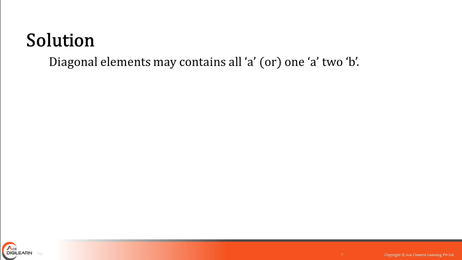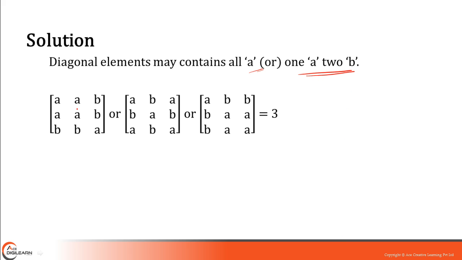The matrix obtained with 5 A's and 4 B's can be having diagonal elements all contain A's or 1 A and 2 B's. Observe the following matrices in which the diagonal contain all 3 A's and the rest 2 more A's can be occupied at these corners or at these places.